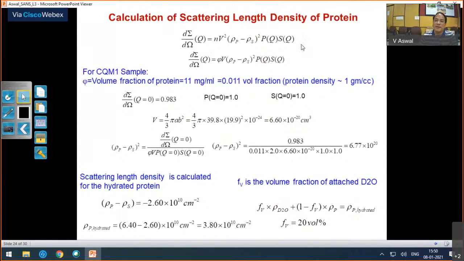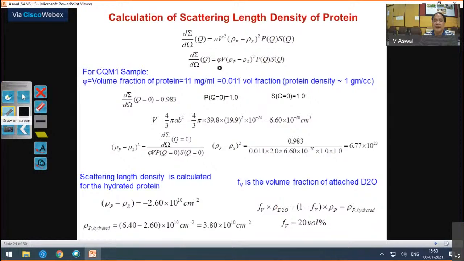If you know the other terms, you can calculate the contrast in the system. Since you measure scattering intensity on a normalized scale, you already know this left hand side term. That means if you know the other terms, you can calculate the scattering length density of the protein.